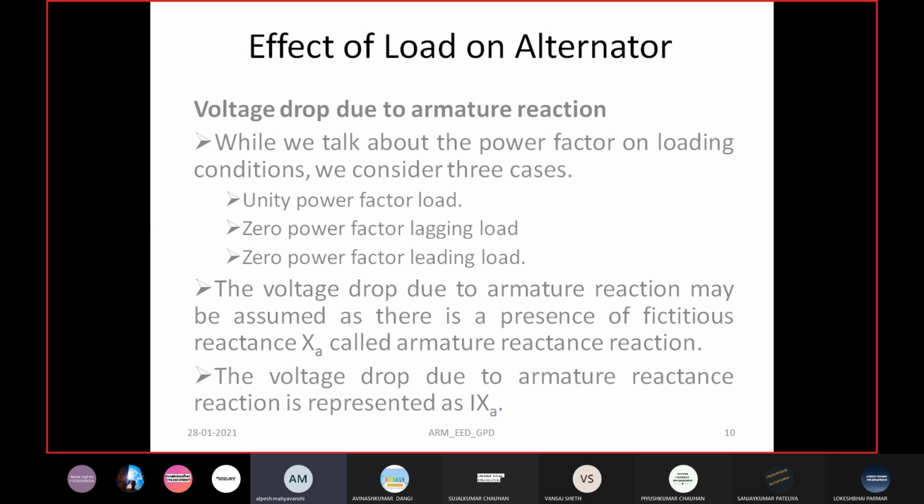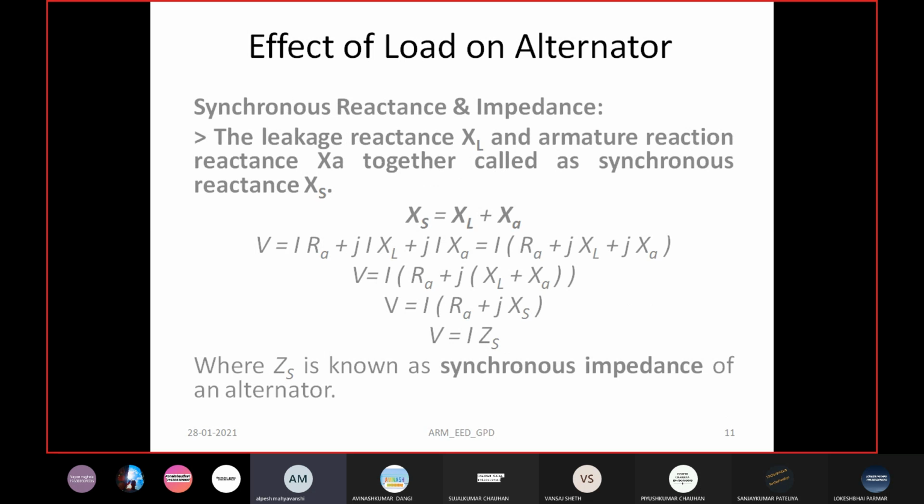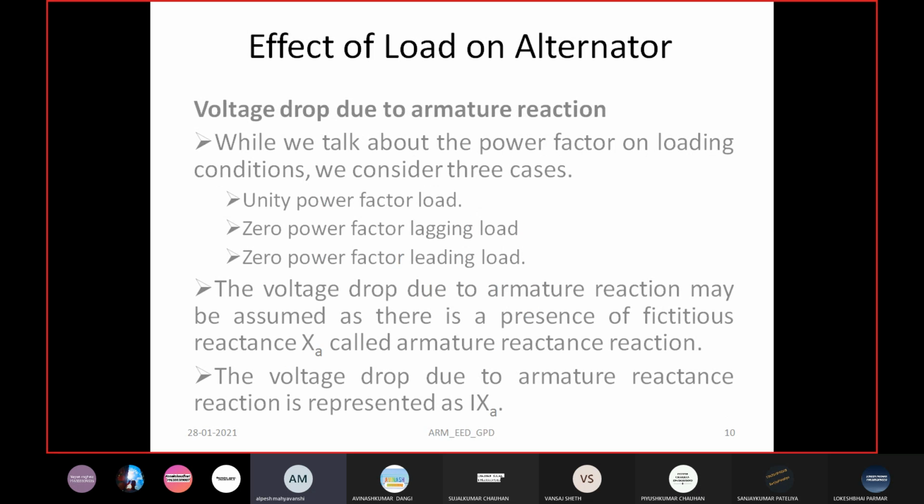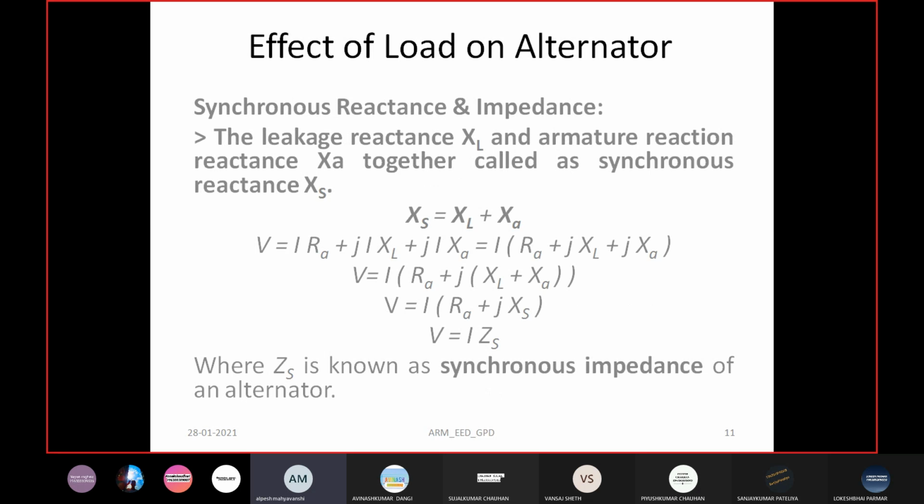Understood. So we have three effects: the voltage drop due to the armature resistance, that is the IRa drop; the voltage drop due to the armature leakage reactance, the IXl drop; and the third is the voltage drop due to the armature reaction, the IXa drop.